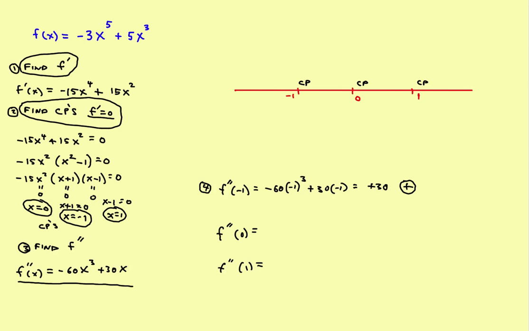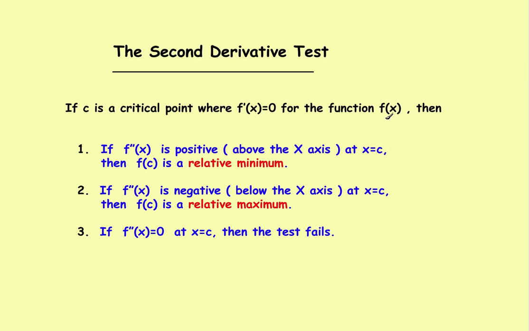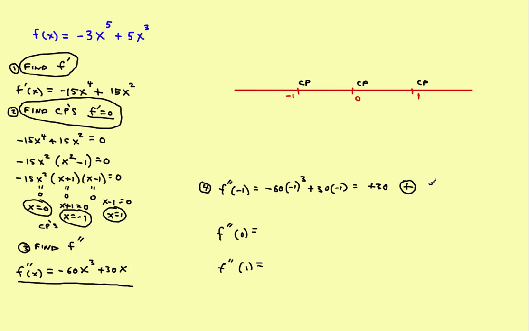And the fact that the second derivative is positive, let's go back to the rules. So if the second derivative turns out to be positive, then you have a relative max or minimum at that point. So this tells me that I have a relative minimum at x equals negative 1.